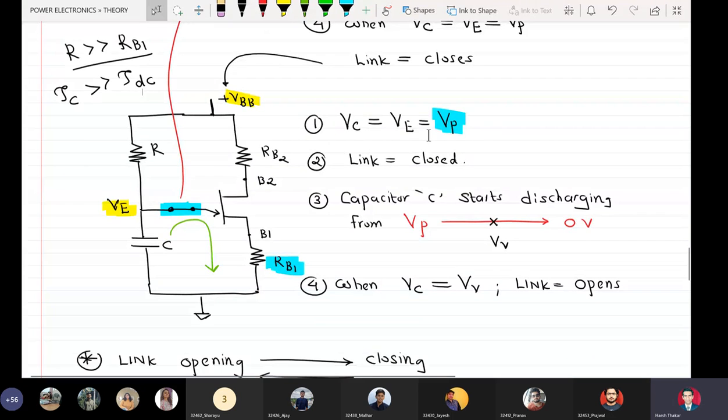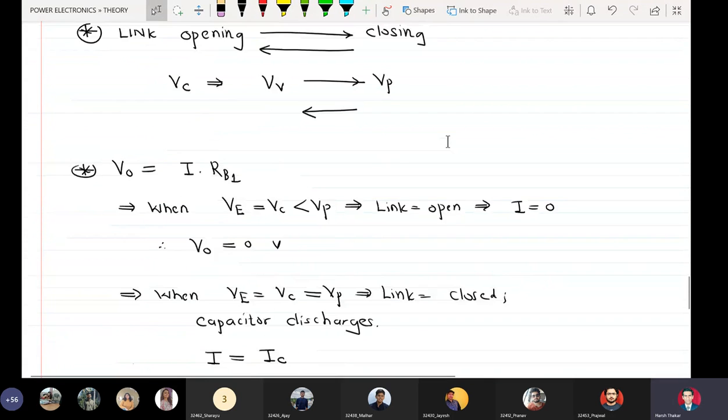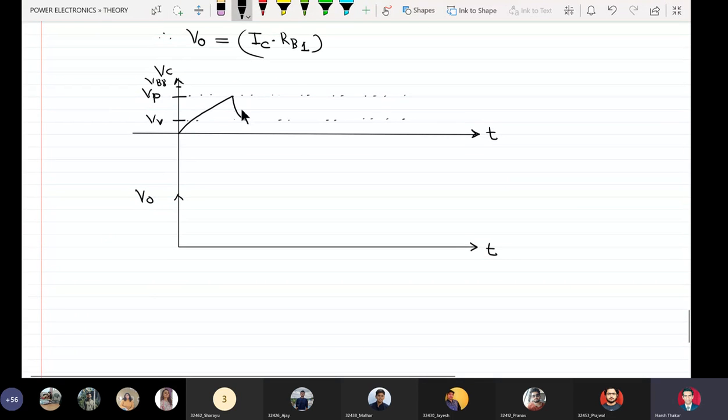So the capacitor will charge slower and discharge faster, and this continues like this. This is time constant RC, and this is time constant RB1 into C.